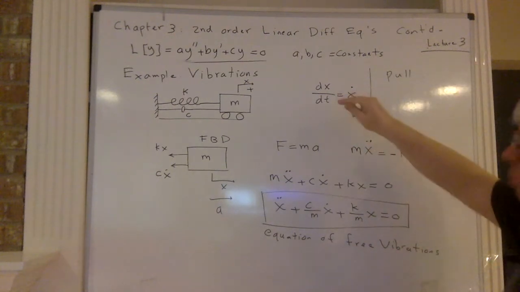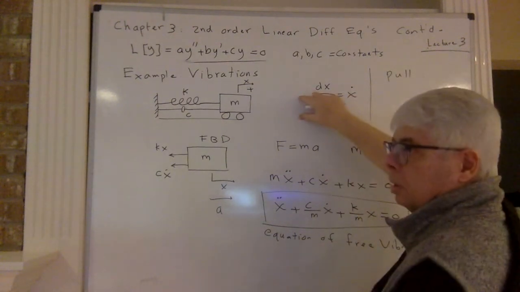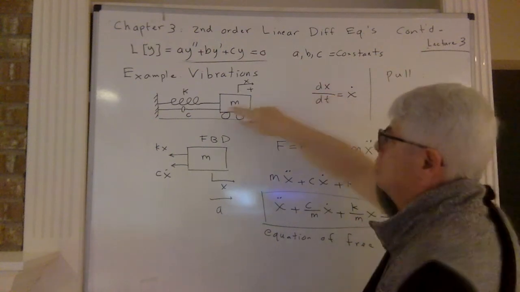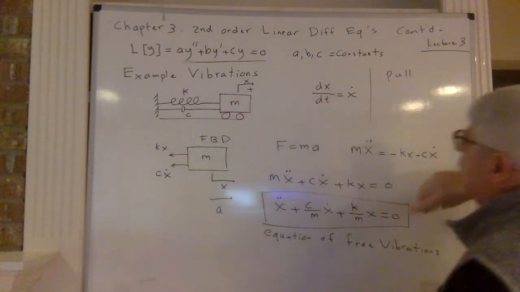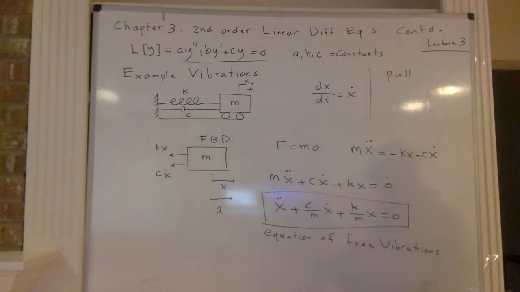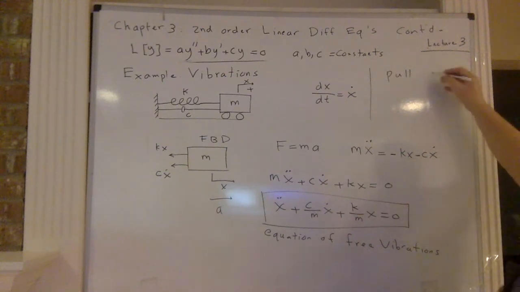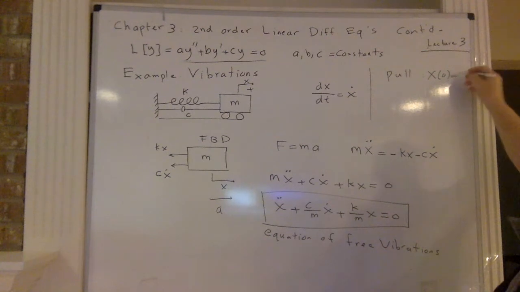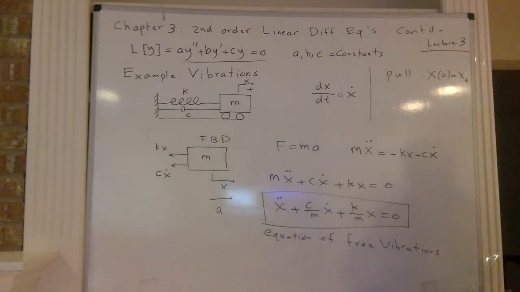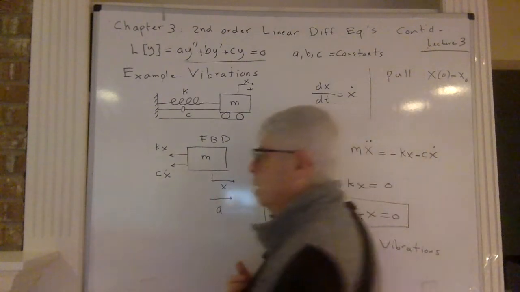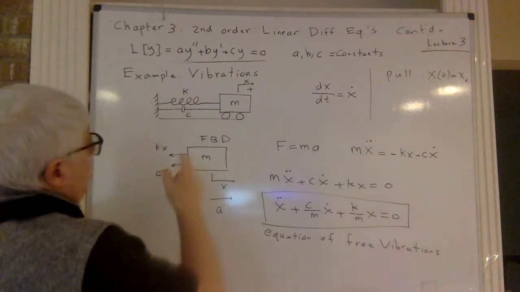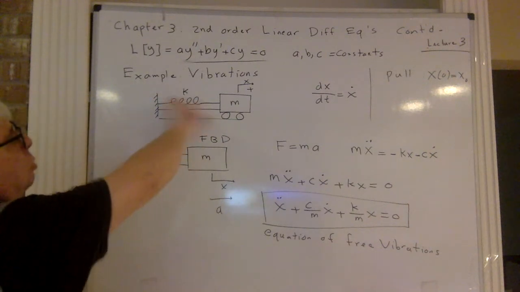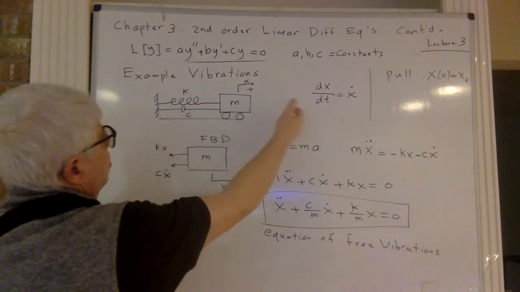If I pull this to the right, or push it to the left, and then let it go, it vibrates, right? So that's in fact giving it an initial position. Let's say this is x0. Now, what is the other one, x prime or x dot? If I tap it like this, boom, boom, and I leave it.